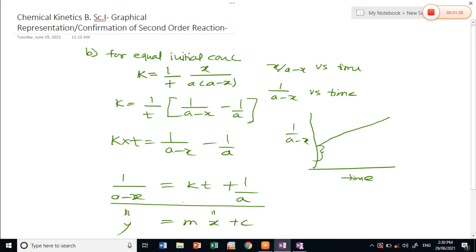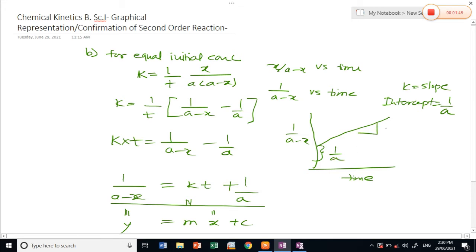Now here m is equal to k, that is k is equal to slope, and intercept is equal to 1 upon a. So this is 1 upon a, and slope is equal to k. Okay, so this is another graph for equal initial concentration.